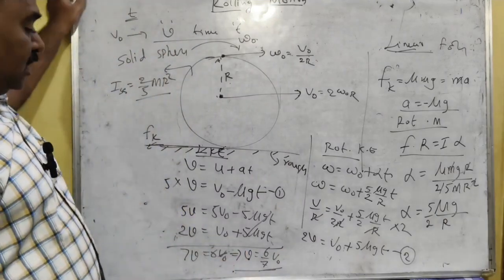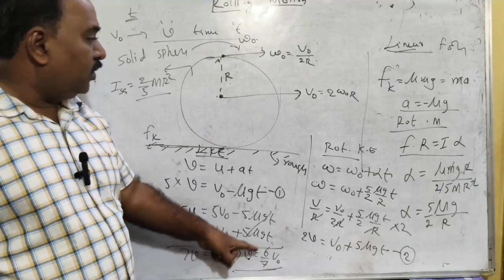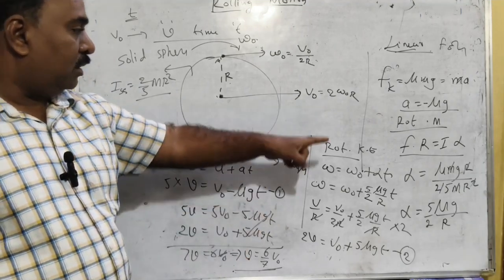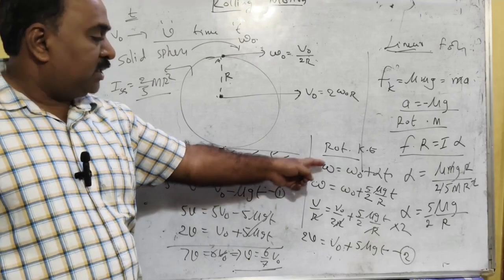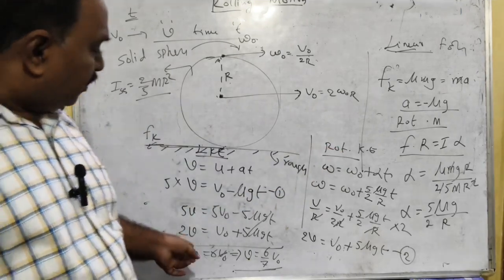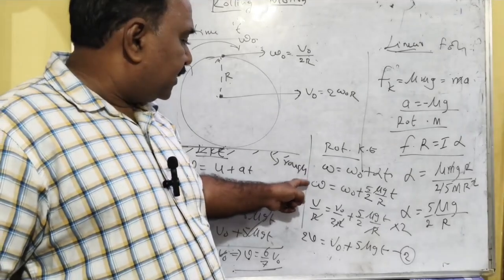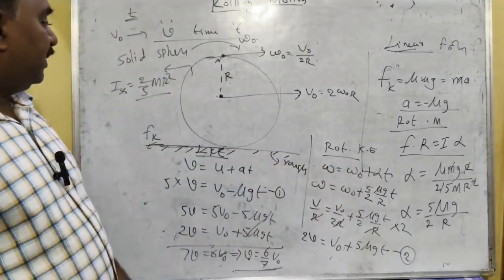Right? If you know v, substituting the v value in the first equation, we will get t, or from this one find omega and alpha, and again we will get the t value.